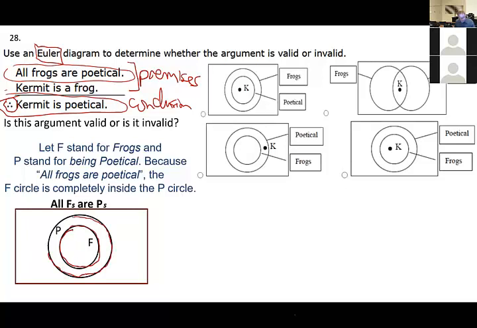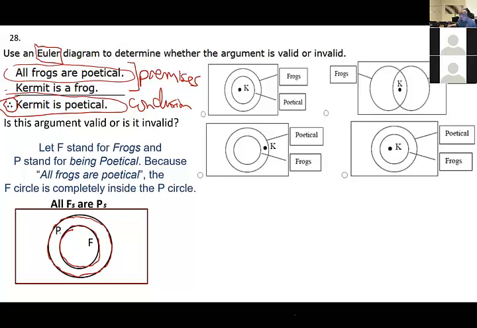So when you say all of something is something, that means that it's inside of a bigger circle. So that's one of the things about Euler. When you say all of something is something, that thing goes inside of a bigger thing. So that's the Euler diagram for the statement that all frogs are poetical. The F circle representing frogs is inside the poetical circle.